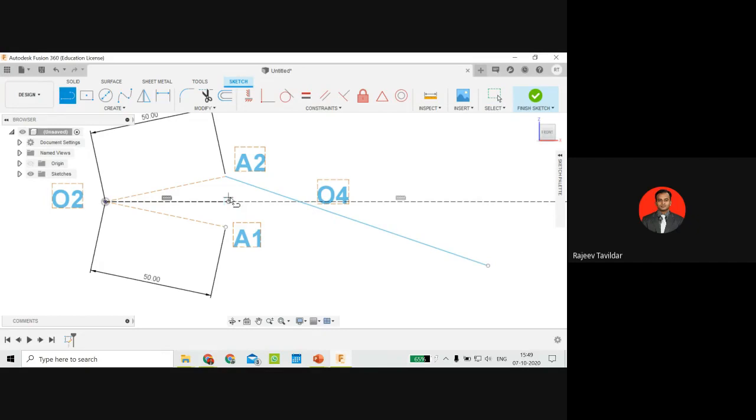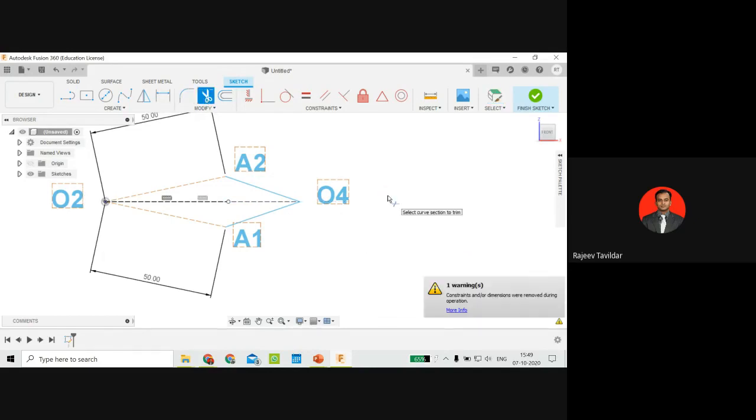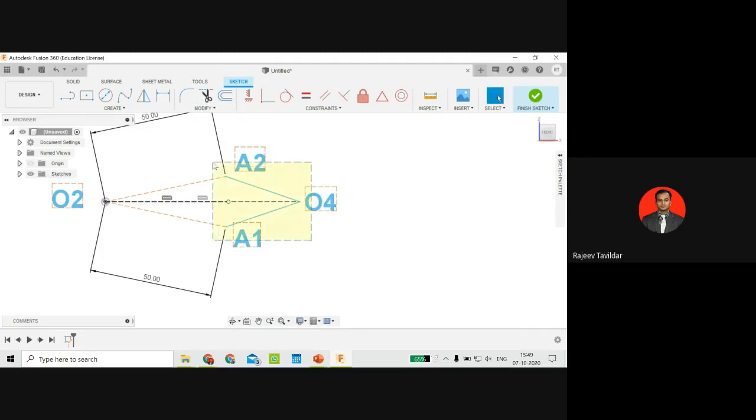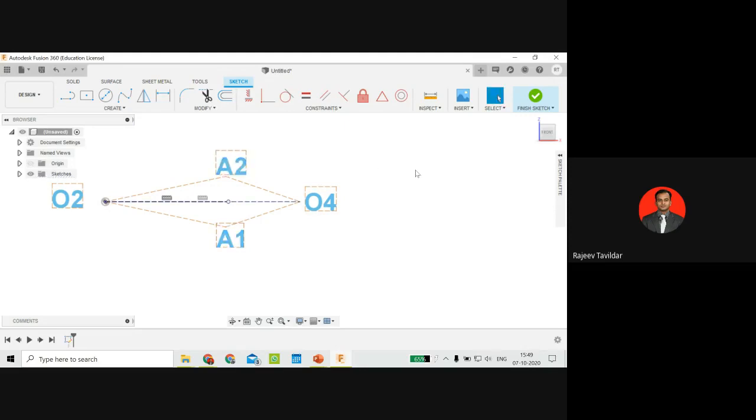So I will complete the process and I'll trim the additional lines just for your clarity. In your drawing, you can just keep those additional lines. It should not matter because it's a construction line. So we have got A1, A2.